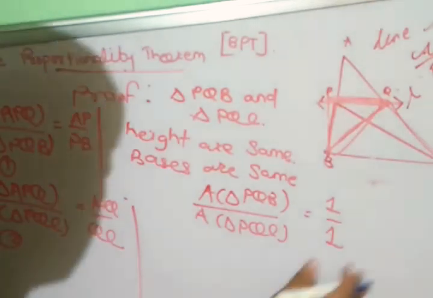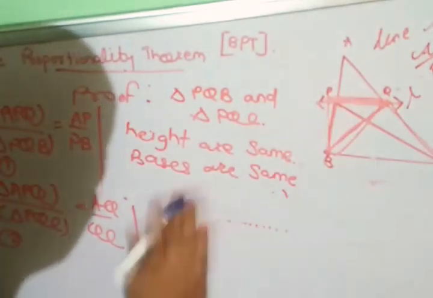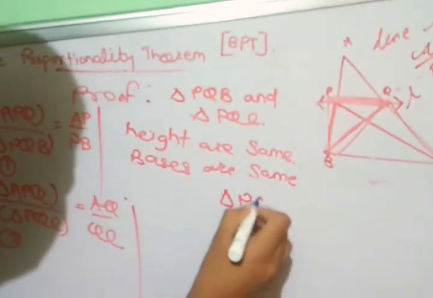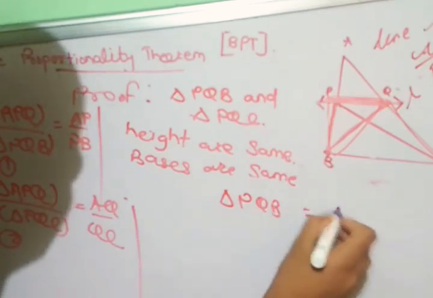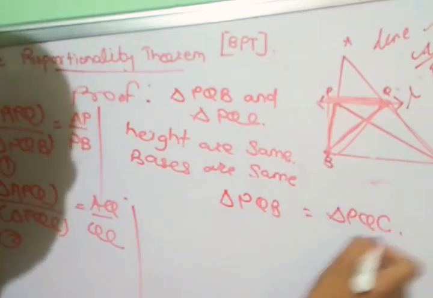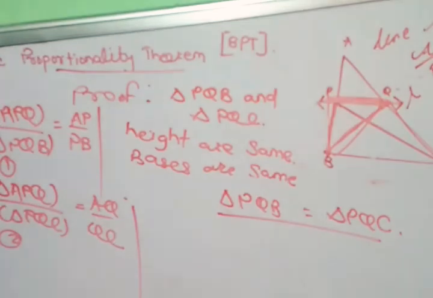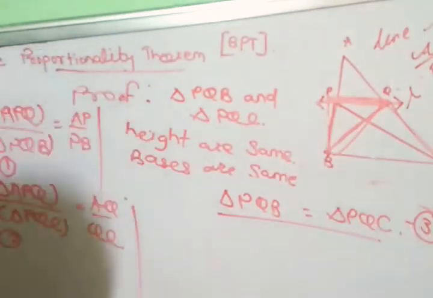Means triangle PQB is equal to triangle PQC. This is the number 3.